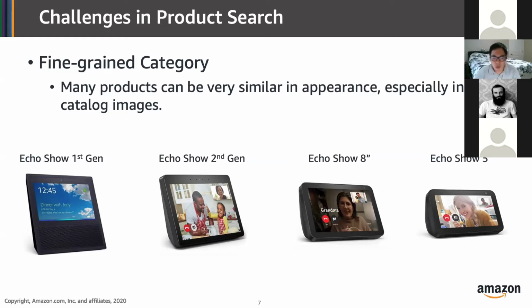The only difference is that the second one is 10-inch, the third is 8-inch, and the final one is 5-inch. However, if you shoot a picture, it is very hard to distinguish the size between different products. So this makes our recognition or retrieval algorithm really suffer.